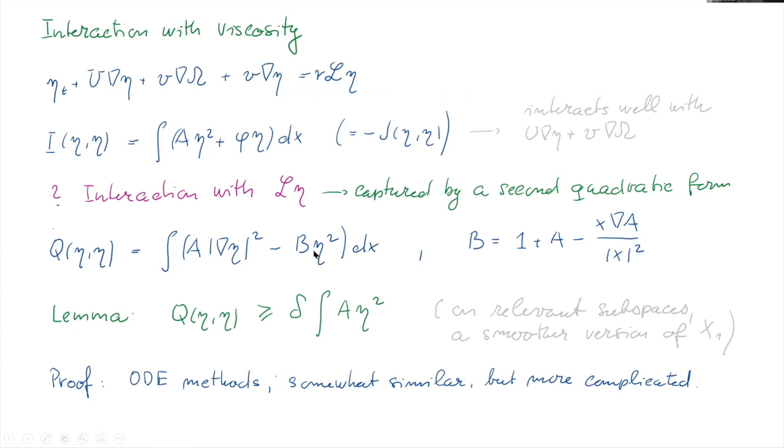So now you need to establish that this form, again, is positive. If you can establish that, you will have one positive form which describes interaction with the Euler part, and one positive form which describes interaction with the viscosity part, and you are essentially in good shape.